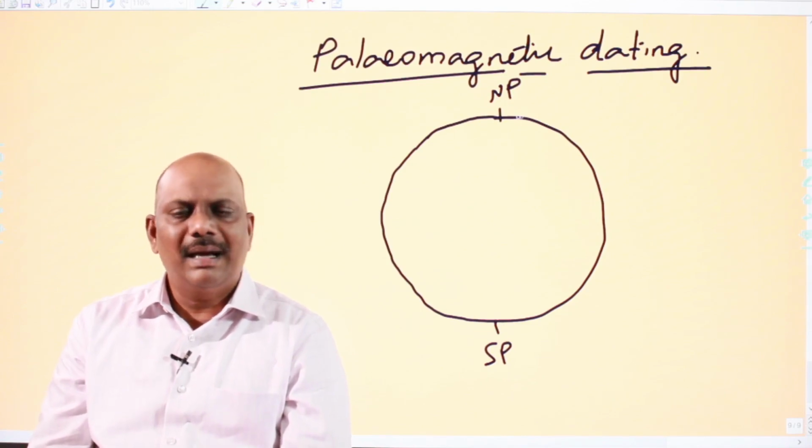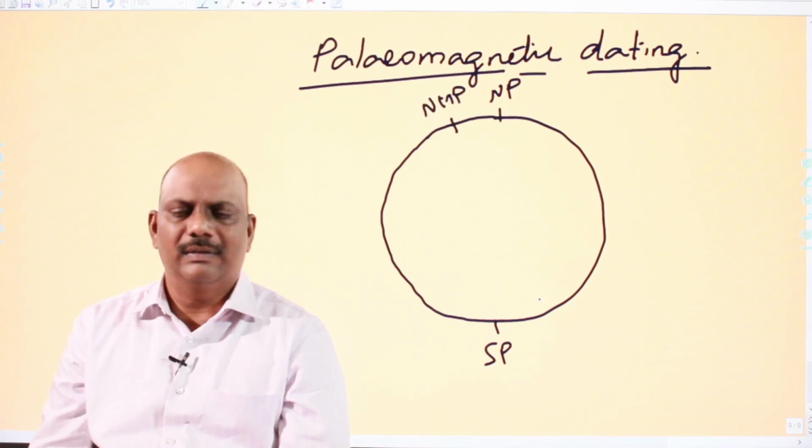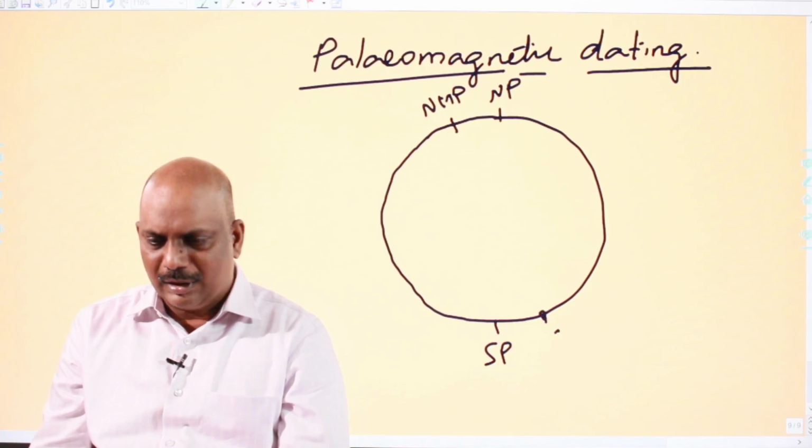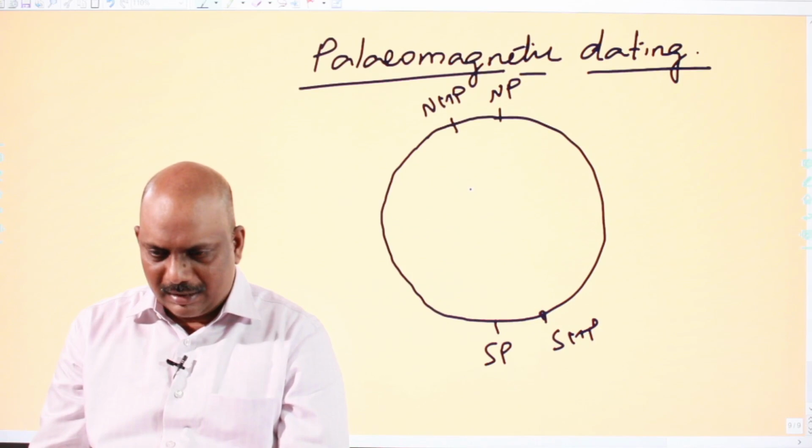Our magnetic North Pole is inclined at an angle, and this is the South magnetic pole. So now this bar magnet's position is like this.